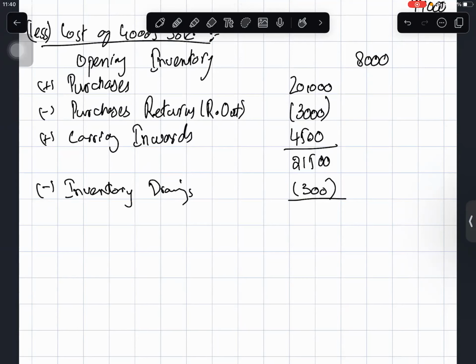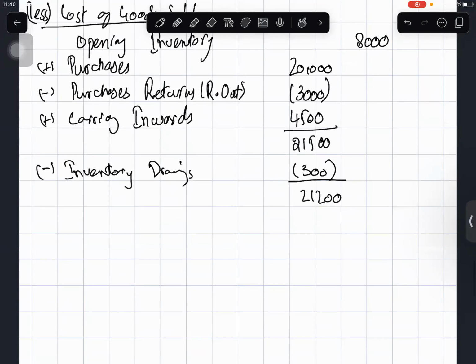The answer would be 21,200. This answer would go here, 21,200, in the second column.